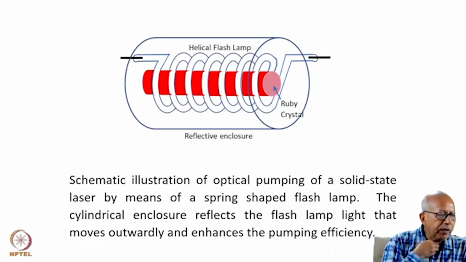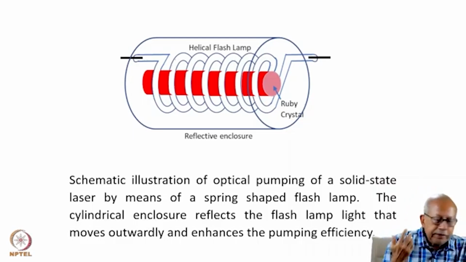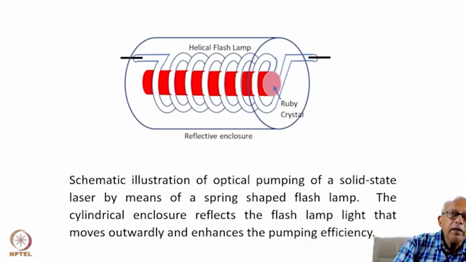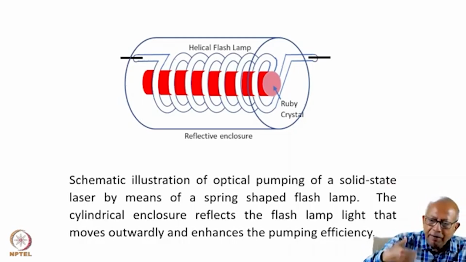Although flash lamp pumping usually finds application in solid state lasers, its use in liquid lasers is also not uncommon. The very first laser, namely the ruby laser, that Maiman operated in 1960, made use of such a helical flash lamp that was wrapped around the ruby rod that he used as the lasing medium.